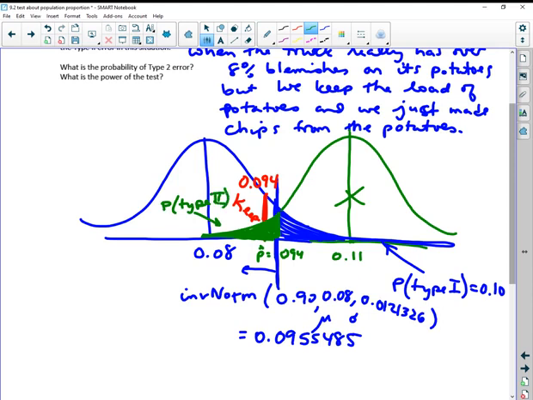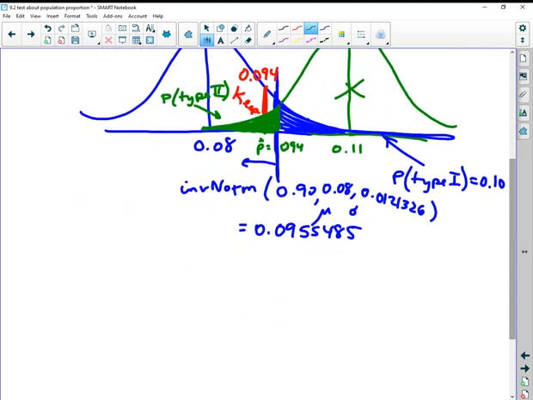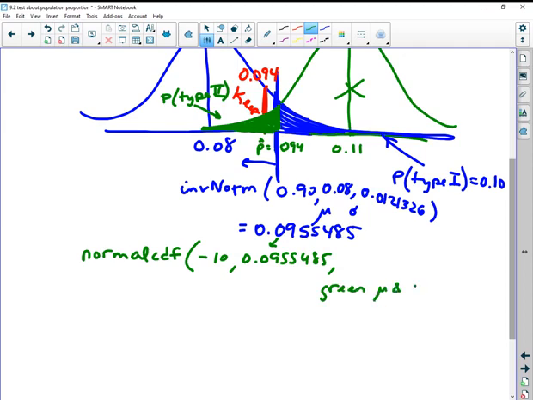I'm thinking in terms of the green curve. And so let's see, I'll use calculator speak. And so go way down, because I don't want that to affect anything, but I want to use that number that I just found. And I want to now think, oh, wait, I'm on the green mean and standard deviation. I need the green curve's values for that.